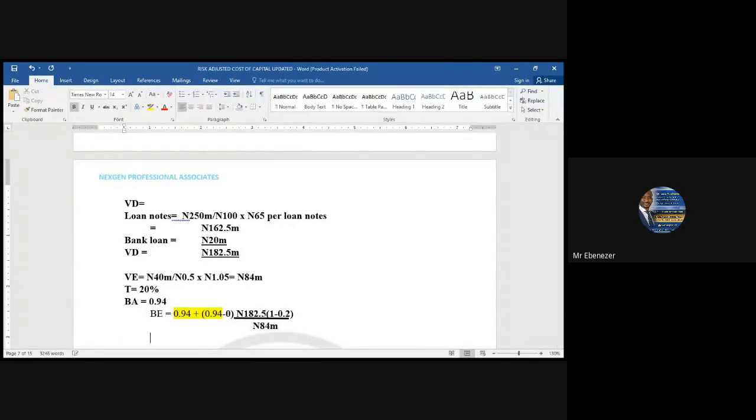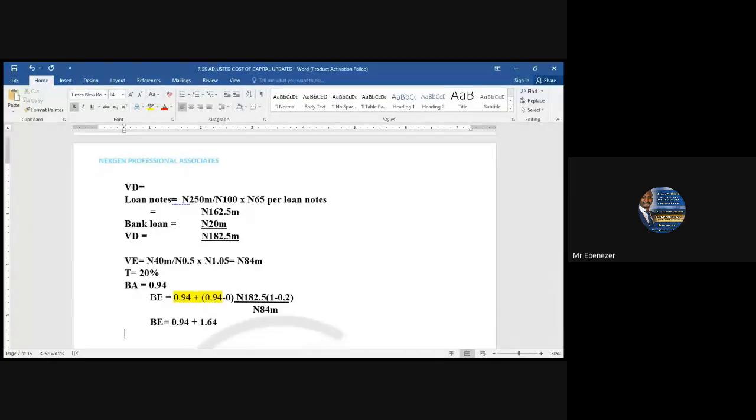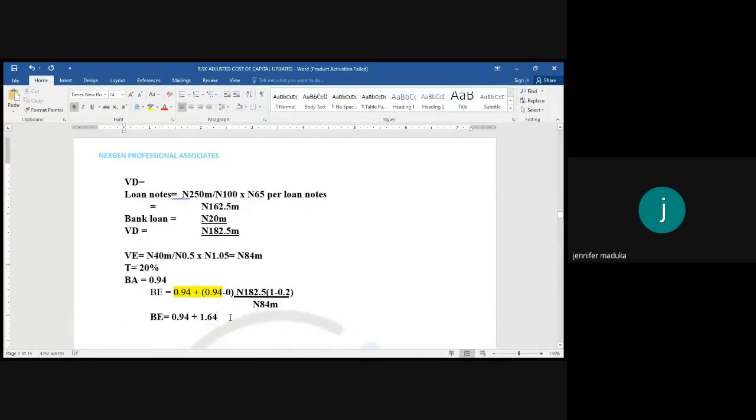Let's check, 0.94 plus 1.64. When you add it together, what do you have? 2.58, equity beta.